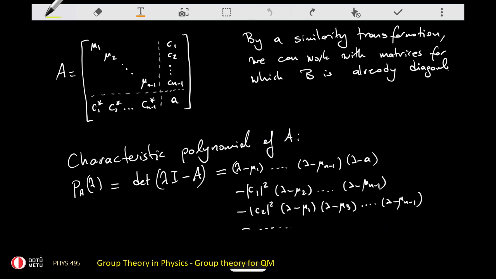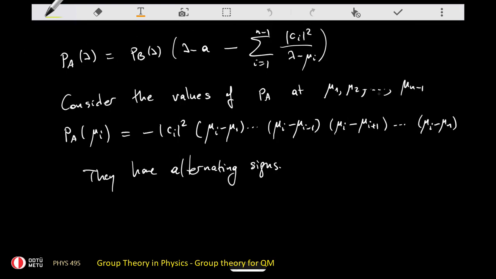Now, using this expression or the previous expression, you can actually compute the value of the PA, the characteristic polynomial of A, at the eigenvalues of B, right? So that's what I'm going to do. So when you do this, you are going to notice that only one term is going to survive. So if you set the argument of the polynomial at mu i, that's what you're going to get.